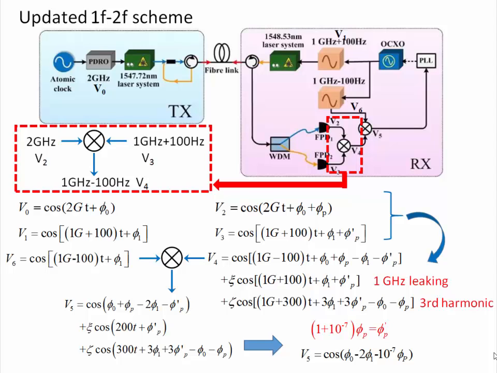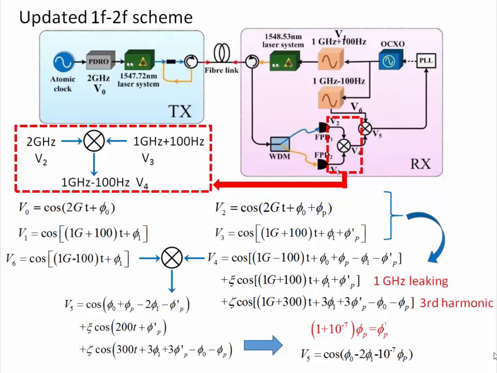The first term is still the same, but the second term and the third term contain a frequency offset, which can be easily removed by a low-pass filter. In fact, this frequency is not exactly 1 gigahertz, so the fiber length compensation is not ideal, but the error is very, very small. It's just 10 to the power of minus 7.